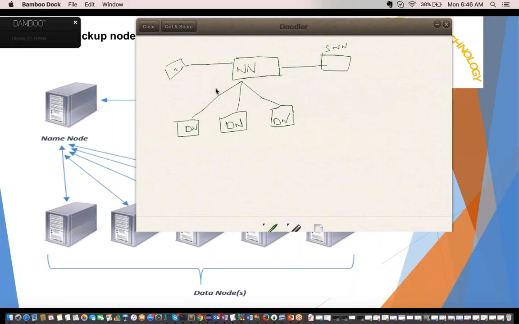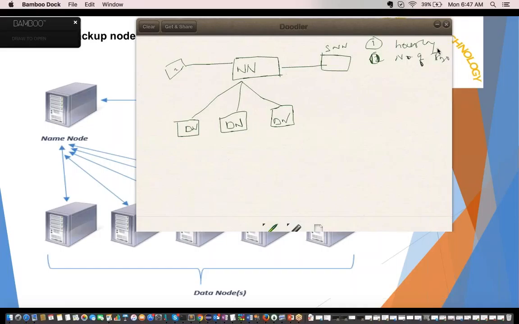So we have seen the drawback. Now Hadoop 2 came up with a new architecture, saying that they have replaced the name node's secondary name node with a backup node. Let's assume the secondary name node has been replaced with, just assume, a backup node.